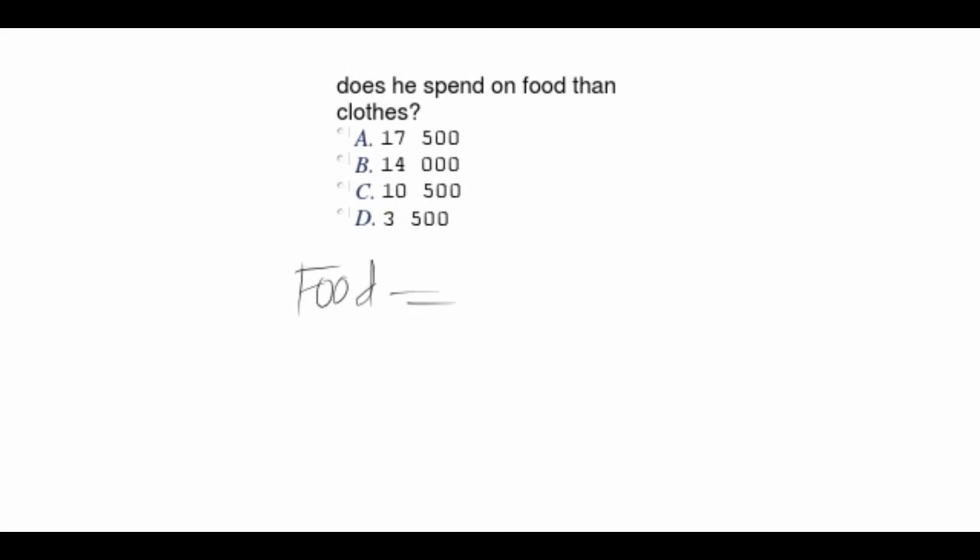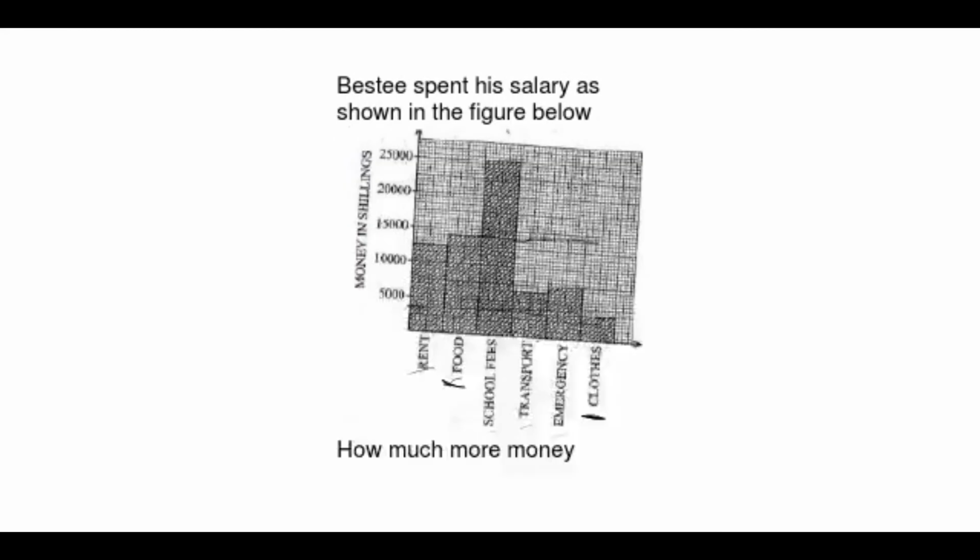So for food, actually before we start to determine the amount of money used for food, we are going to see what one small square represents, or what the 10 small squares represent in shillings. So we have 10 small squares equal to 5,000. These are 10.